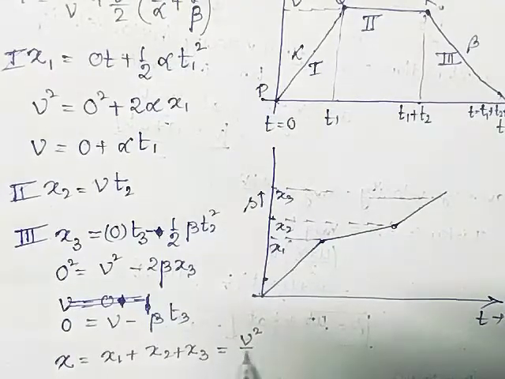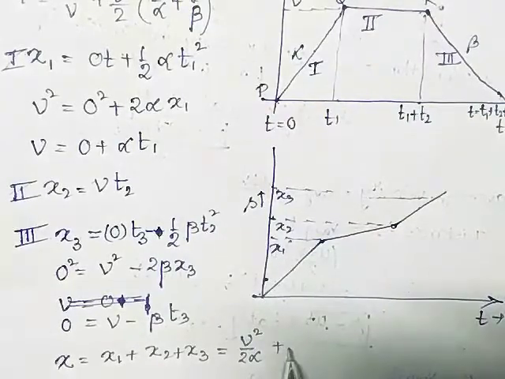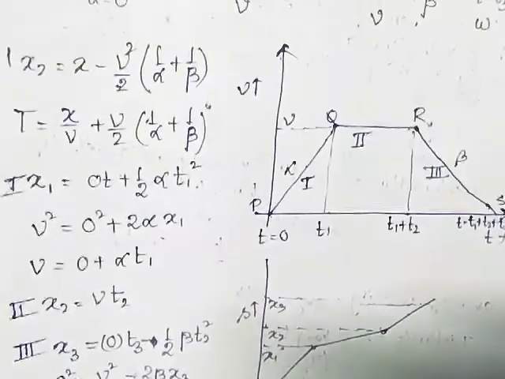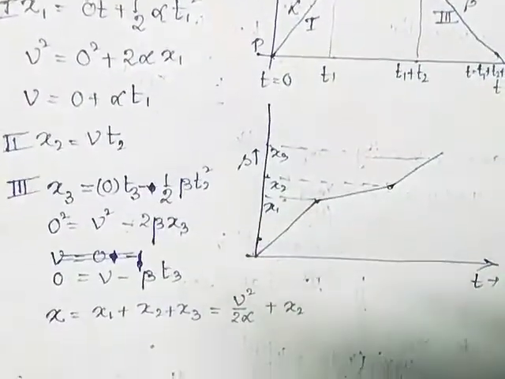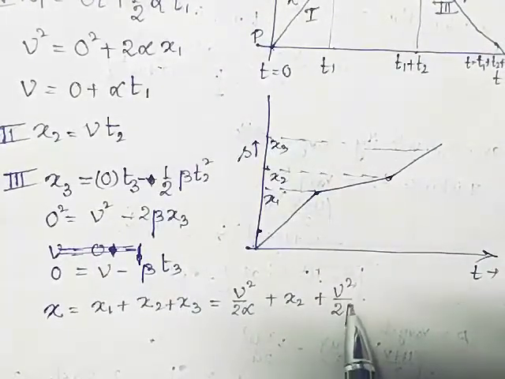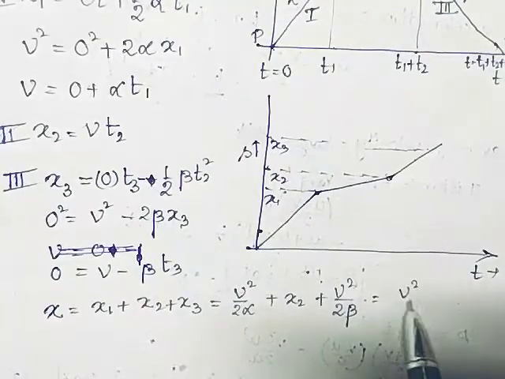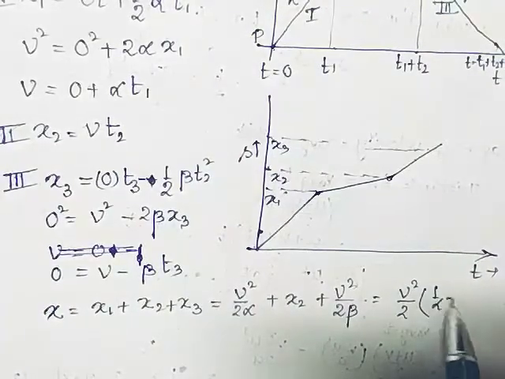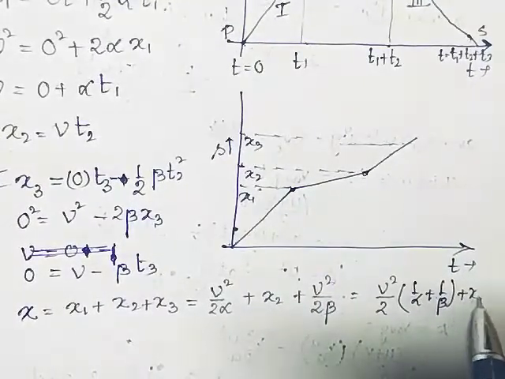So x1 is v square divided by 2 alpha. And x2 remains as x2, because we have to find this x2. Then x3 is v square divided by 2 into beta. So x equals v square divided by 2 into (1 by alpha plus 1 by beta) plus x2.